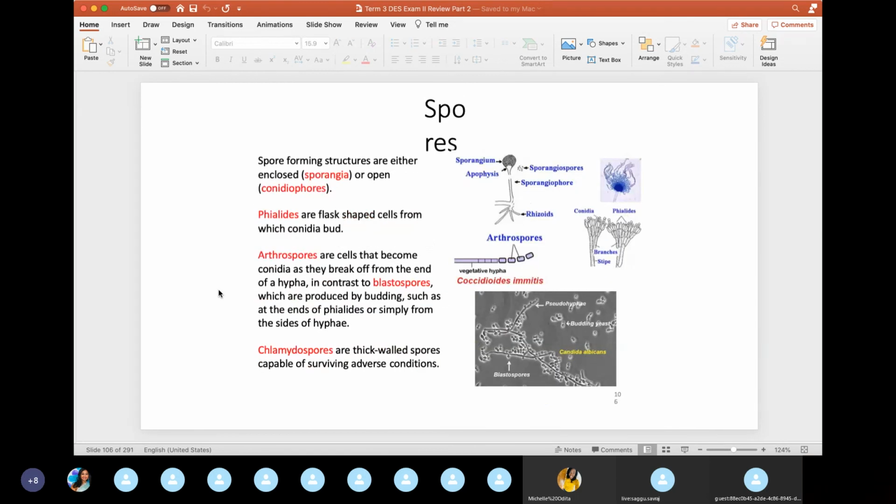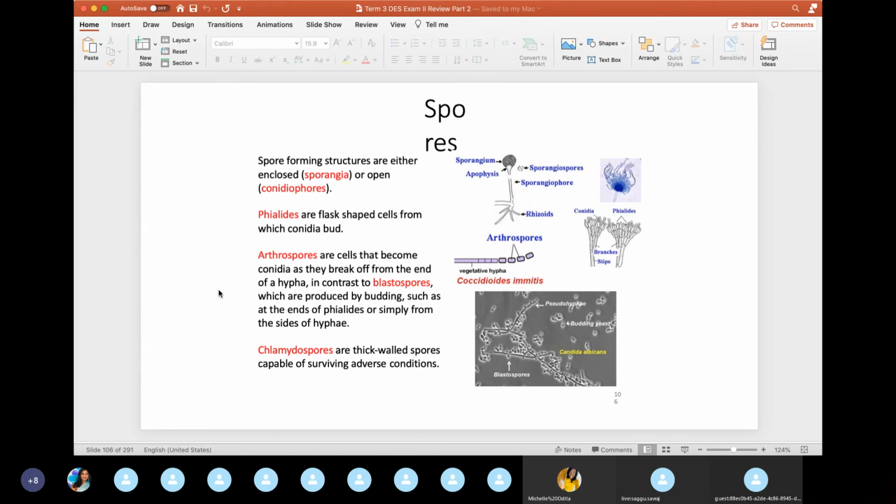So spores. What's high yield here? Arthrospores and blastospores. What's the difference? Arthrospores become conidia as they break off from the end of your hyphae.